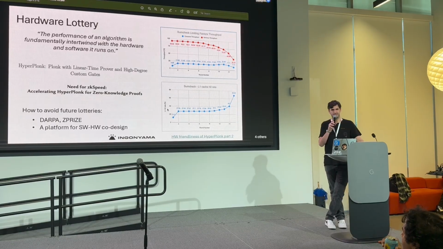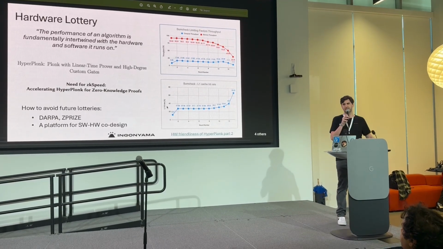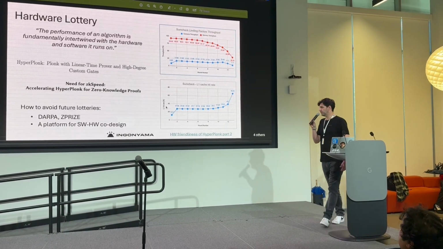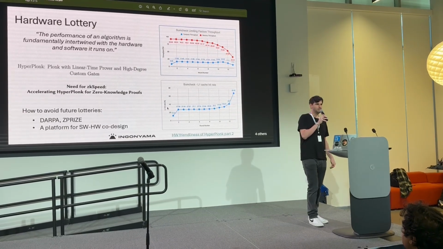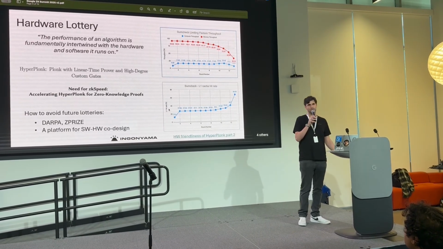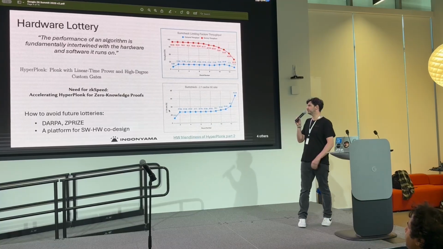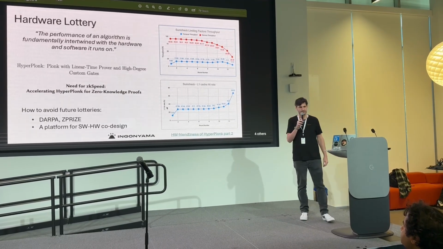So one question is, how can we judge our ideas based on merit alone? But the truth is that we do need to have this kind of hardware and software awareness.